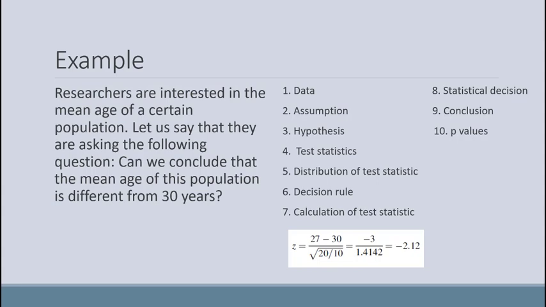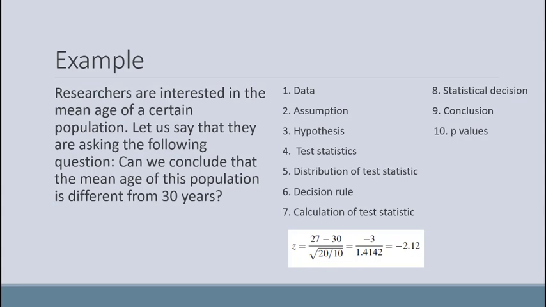That is, when the null hypothesis is true, the probability of obtaining a value of z as large as or larger than 2.12 is 0.017, and the probability of observing a value of z as small as or smaller than negative 2.12 is 0.017.